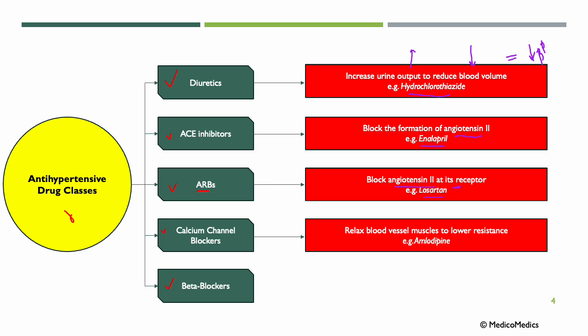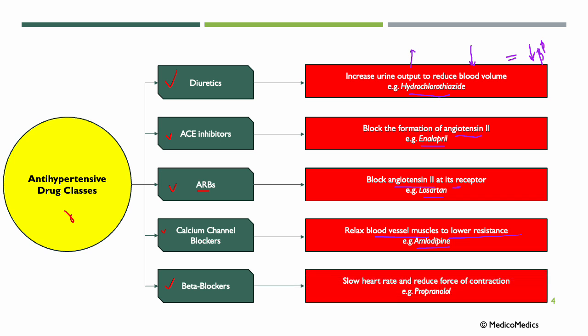Then we have calcium channel blockers. So an example is amlodipine. These relax blood vessel muscles to lower resistance. And by reducing resistance, we get a better blood flow. Finally, we have the beta blockers. So an example is propranolol.